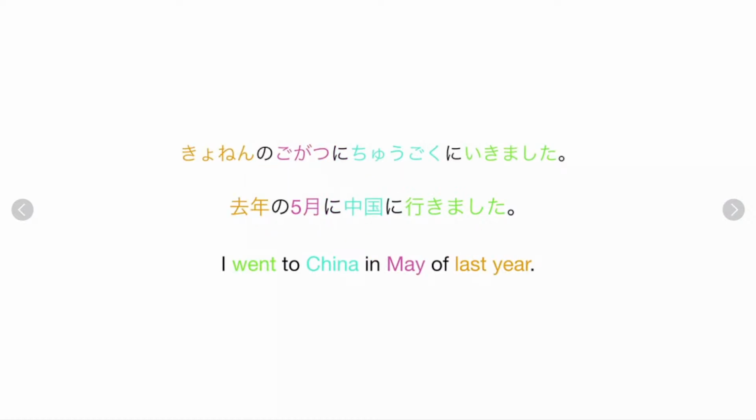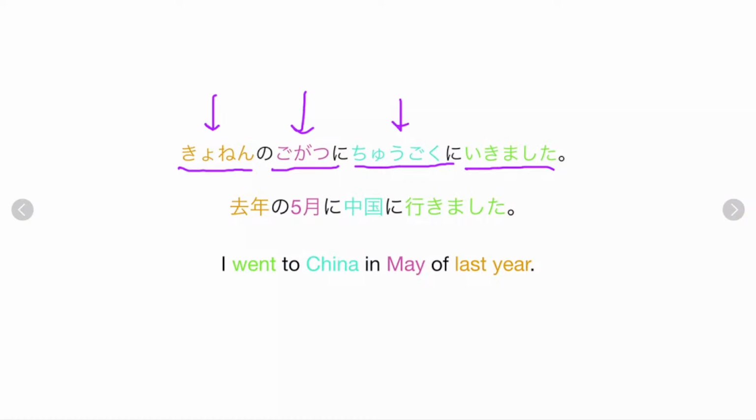So let's combine what we know now all together and form a bigger sentence. 去年の5月に中国に行きました. Okay. 去年, last year. 5月, May. 中国, China.